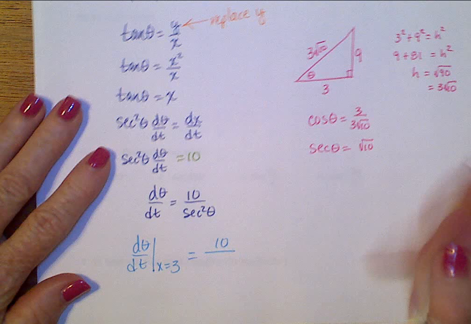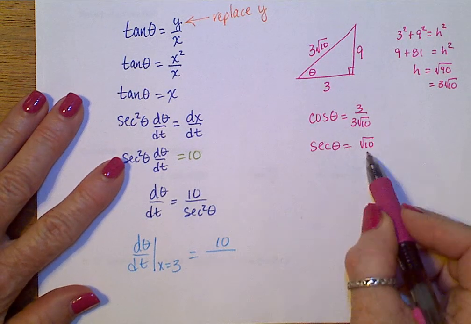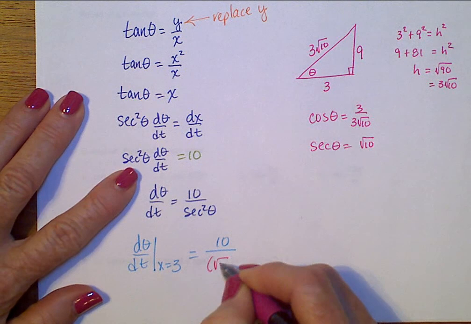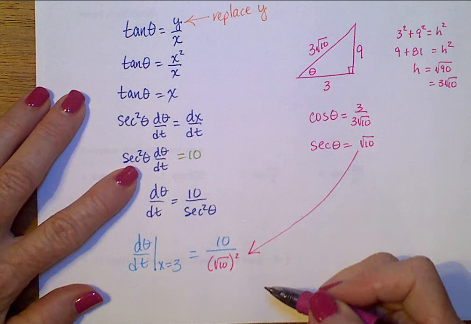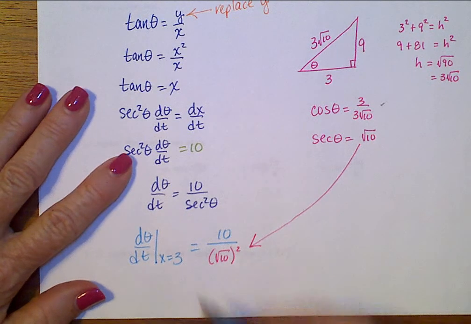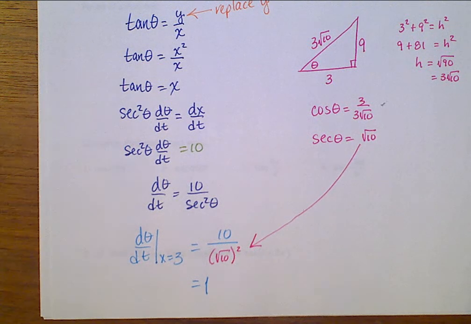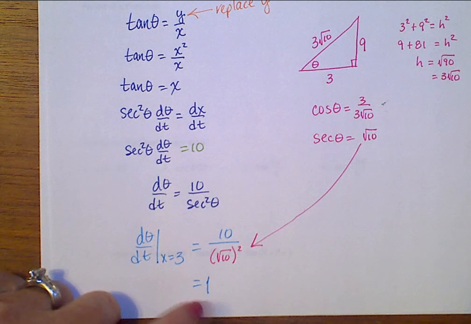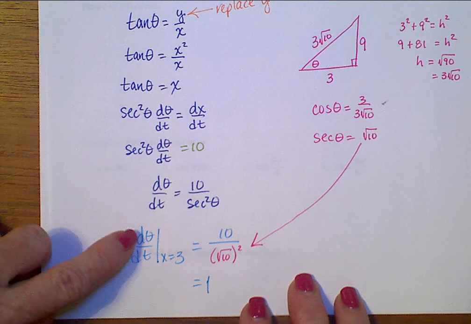Now we can plug that in right down here. Secant squared theta. Well, secant is square root of 10, so this is square root 10 squared. And d theta/dt when x is 3 is 1. All that work for a 1. All right, last little bit here. Units. What are our units in? This is rate of change of an angle.